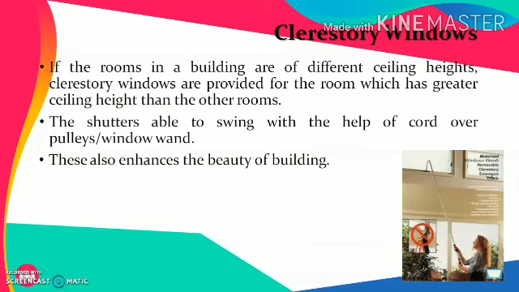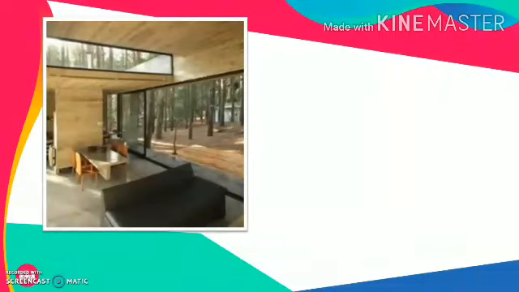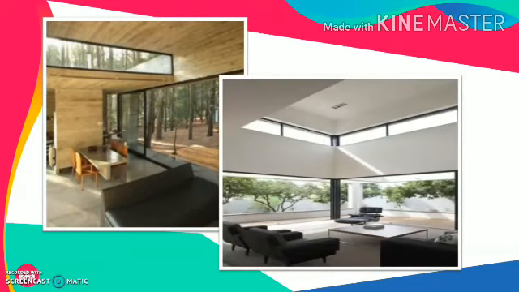This is the figure of a clerestory window which can be operated using a window wand. These are the figures of such windows where the ceiling heights of different rooms, or different parts of a single room, differ in elevation of the roof, and to improve the aesthetics as well as to provide ventilation for the core part of the room, such windows are more suitable.